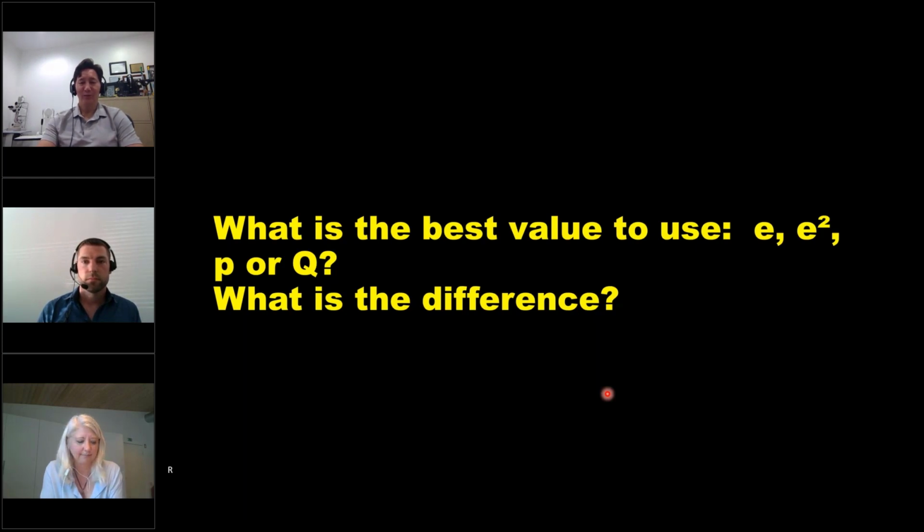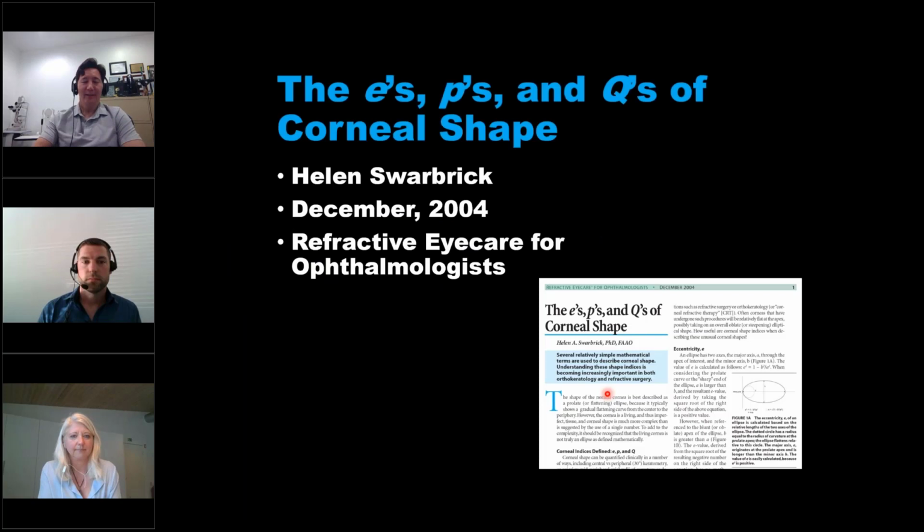But why would we use one or the other? And this is an excellent article by Helen Swarbrick, written in the very early days of our push in orthokeratology. So if you want to have an understanding of the difference between E, P, and Q, this is the article to read, Helen Swarbrick.